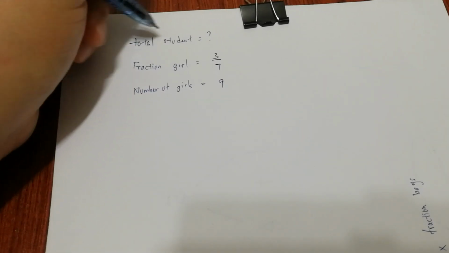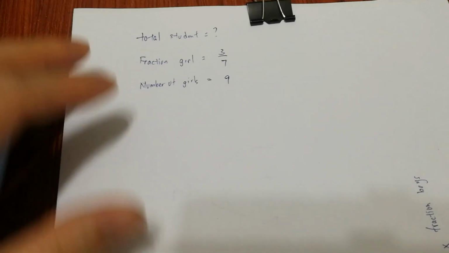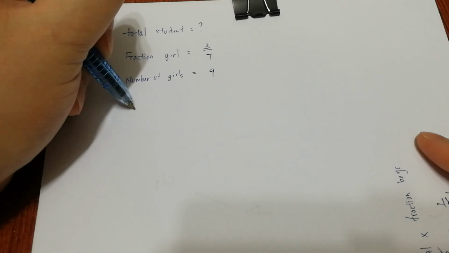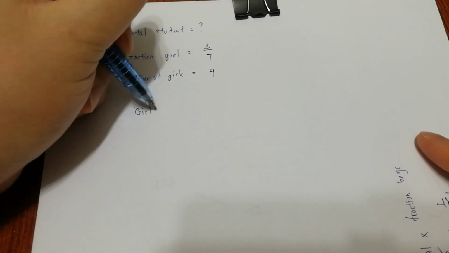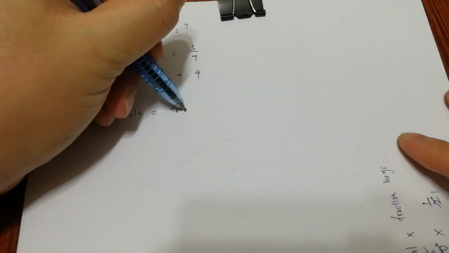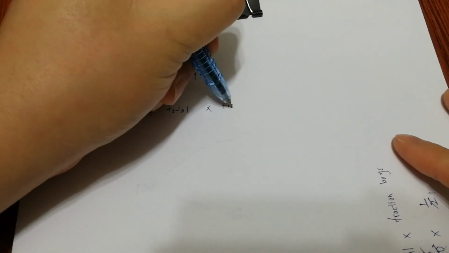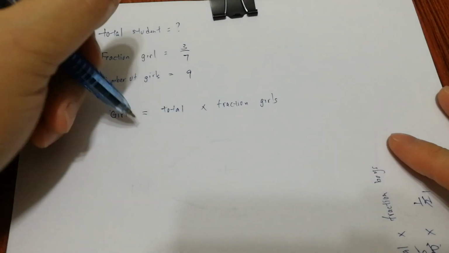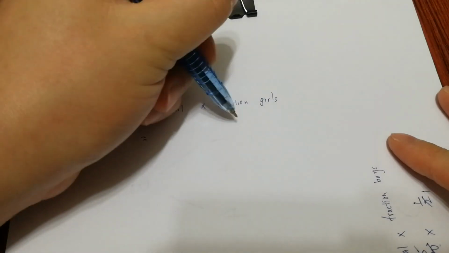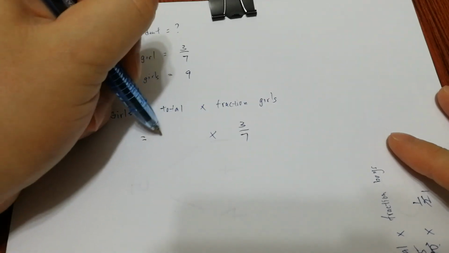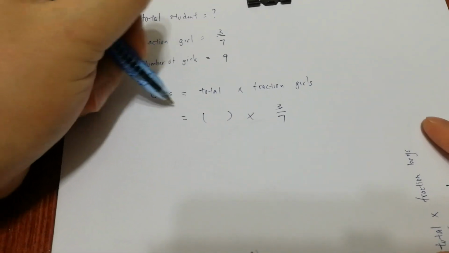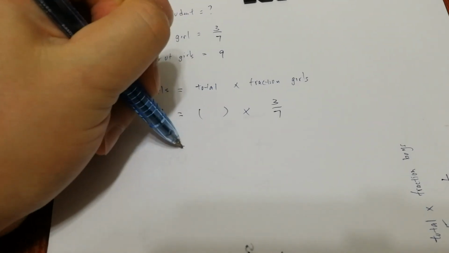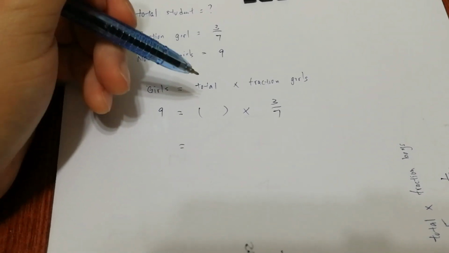Now, Mr. Lim, how to find this? Very good question. Like just now I taught you, number of girls equals total times fraction girls. Am I correct? So fraction girls is 3 over 7. Total we don't have. Number of girls we have 9. Have you learned this before? No. But you actually can do this.